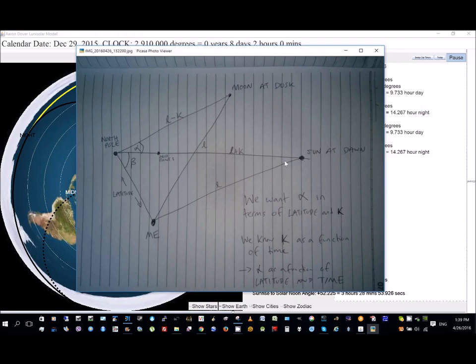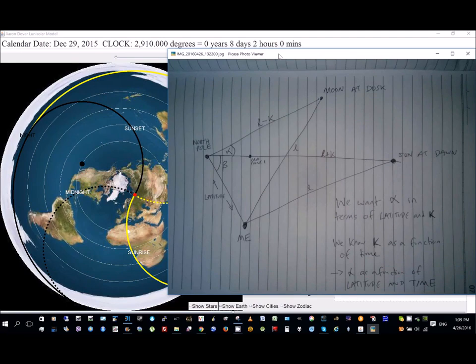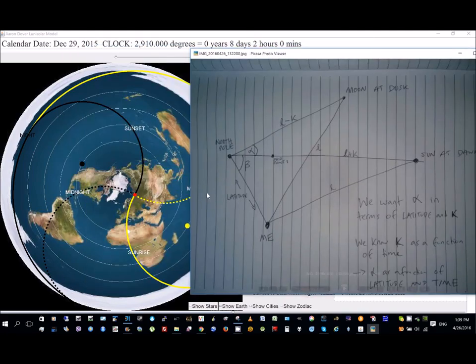So we've got this L, we've got that L plus K, and this distance, which is the third side of the triangle, is given by the latitude, because that's me, it's the North Pole, my latitude is that distance. To keep it simple, I start at 0 and just go up to 180.